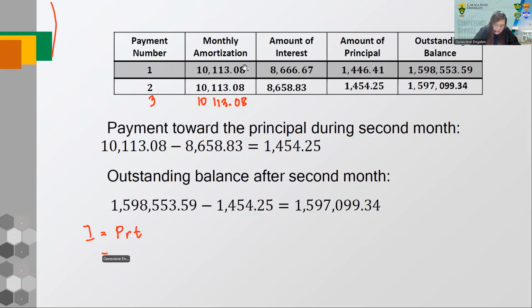So this is 1,597,099.34 times 0.065 times 1/12. What is the answer?